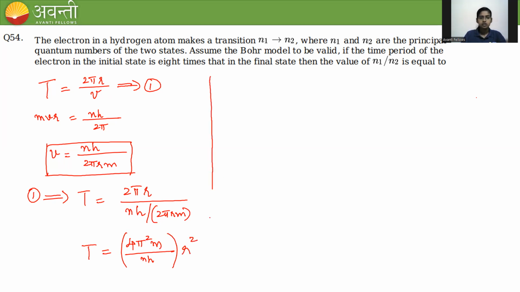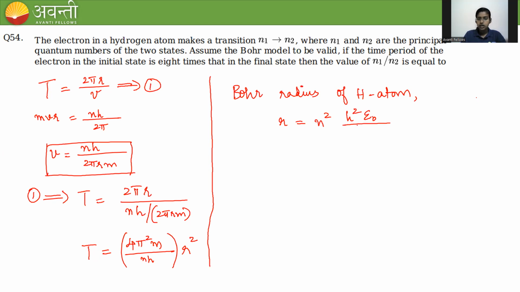Now here the Bohr radius of the hydrogen atom is R equal to n square h square epsilon naught divided by pi m e square. Okay.